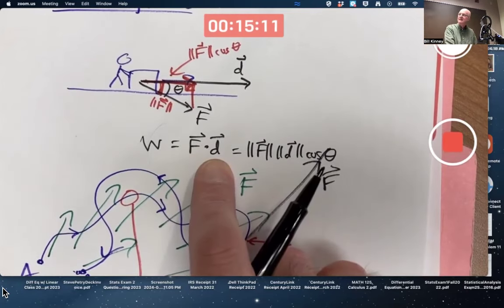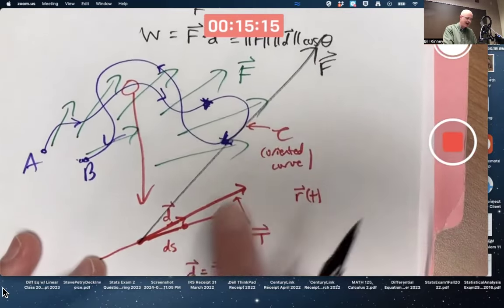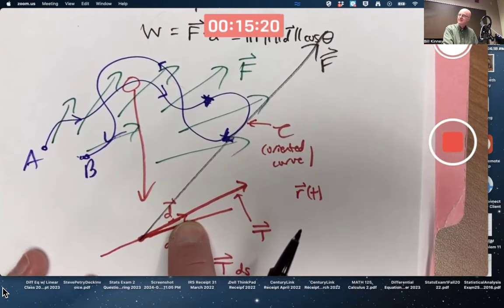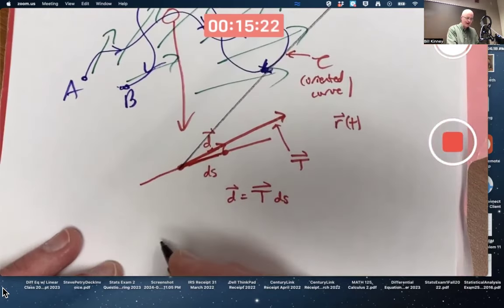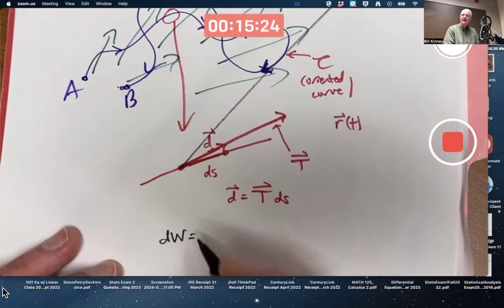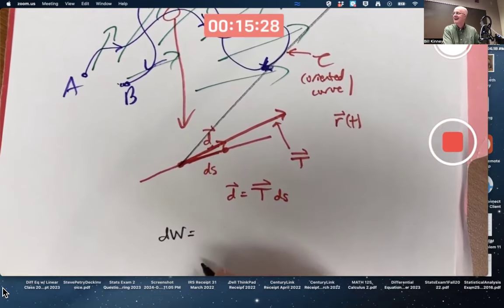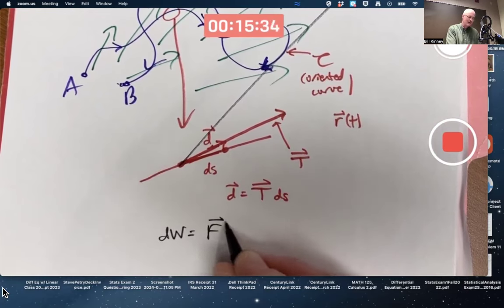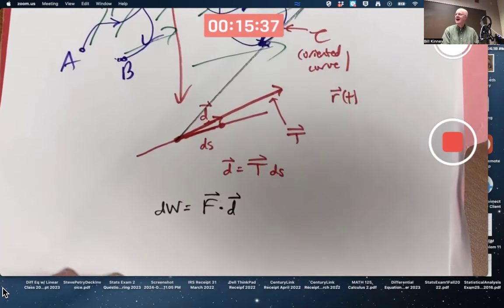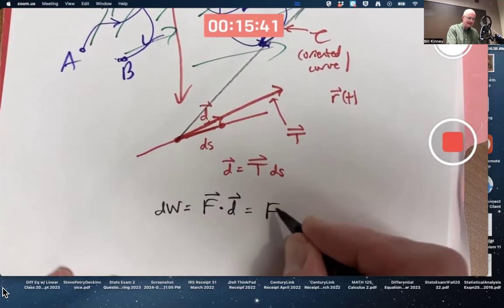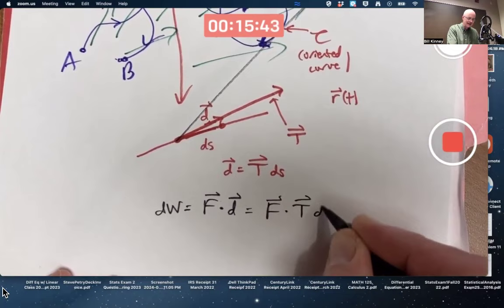Do F dot D. Take this force vector and dot it with this infinitesimal tangent vector, you might say. You could call that tiny amount of work dW. It's a small amount of work over a small chunk of the curve, F dot D. But what is D? It is T ds.